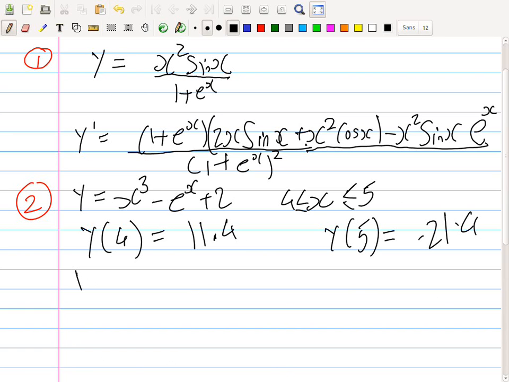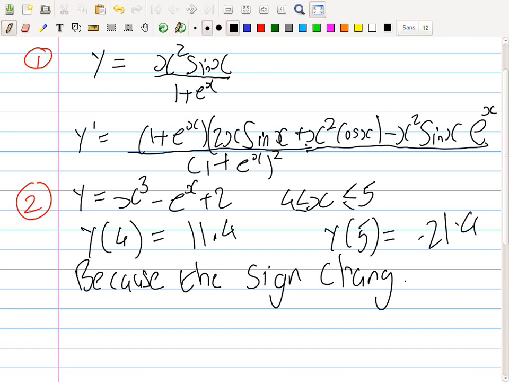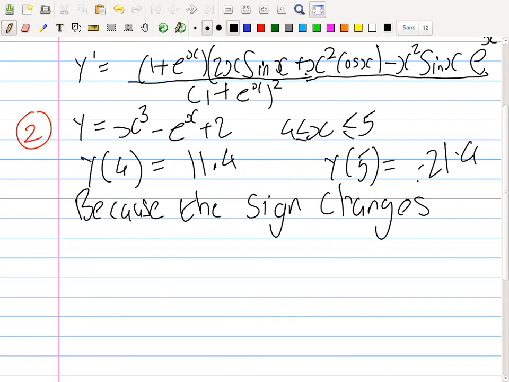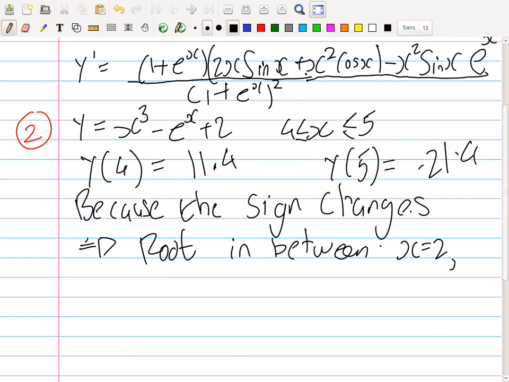So because the sign changes, that implies a root in between x equals 4 and 5.